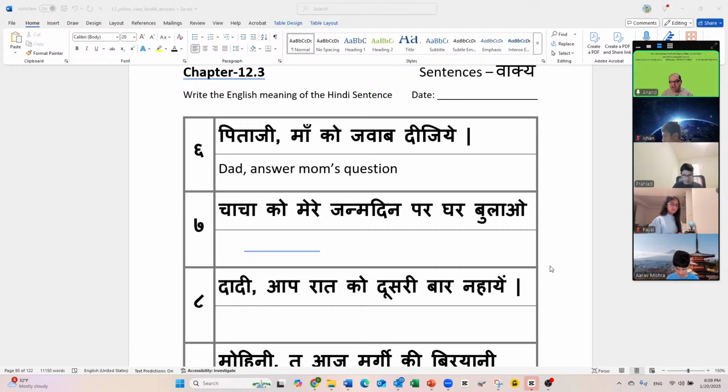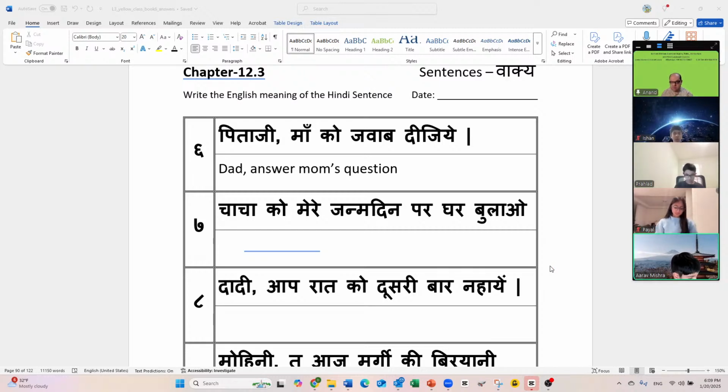How do you conjugate dena? So in the earlier sentence, it was conjugated as dijiye. पायल आरव को जवाब दे. पायल आरव को जवाब दो. दे. हाँ. दे. पायल आरव को जवाब दे. Very good. Okay. Arav, read the next sentence.